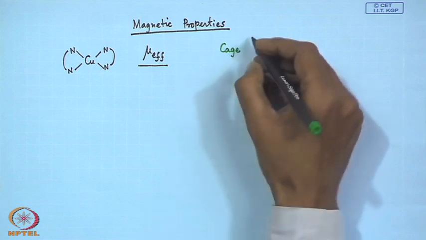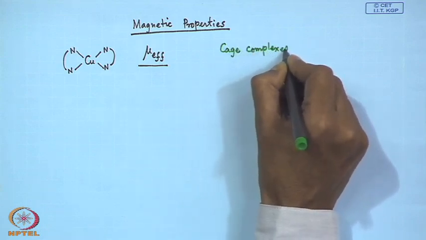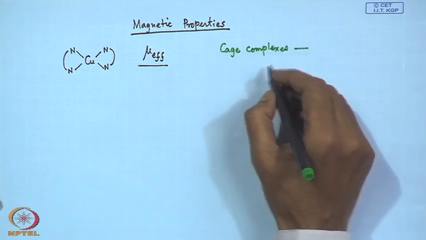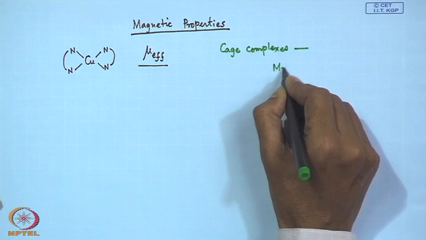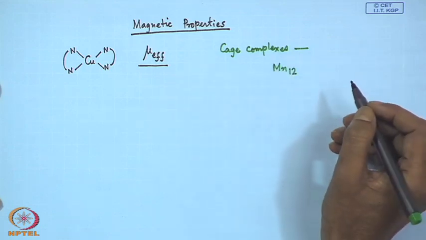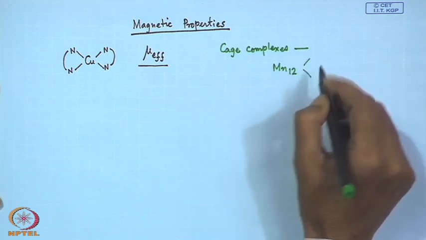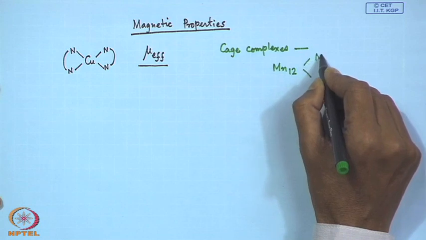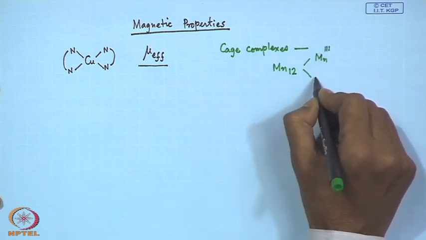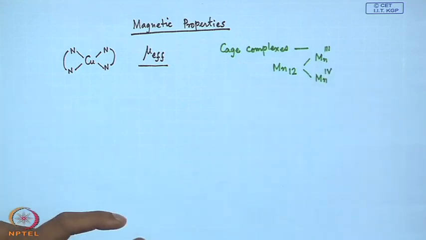So, when we see the cage complexes where a large number of metal ions are there, the most well-studied example is a compound containing 12 manganese ions, and not only 12 manganese ions, but the manganese ions are present in two different oxidation states, manganese 3 and manganese 4.